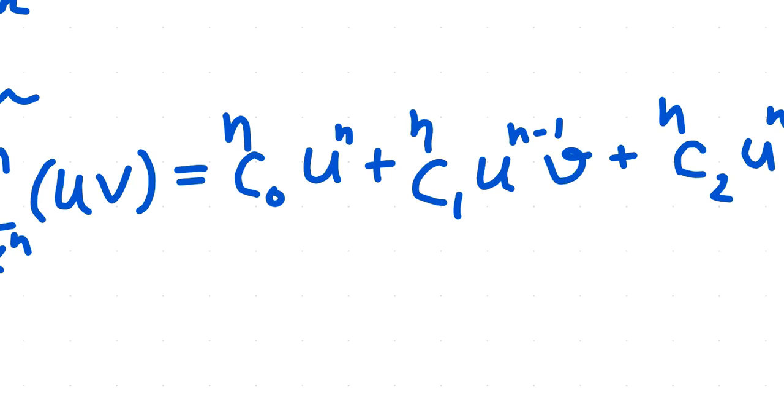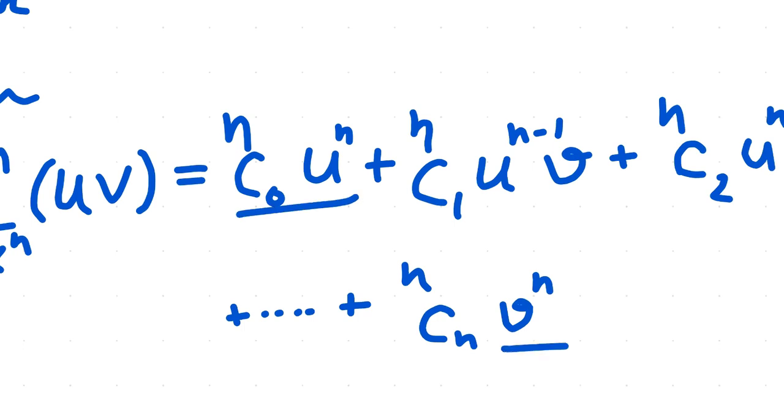Okay. Plus up to nCn into the nth order derivative of v_n. In the first term we have the nth order derivative of u_n, and in the last we have the nth order derivative of v_n.